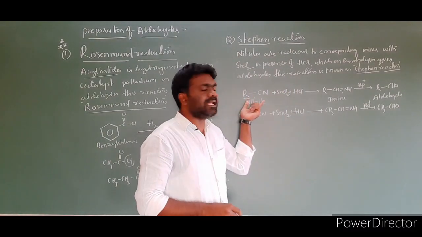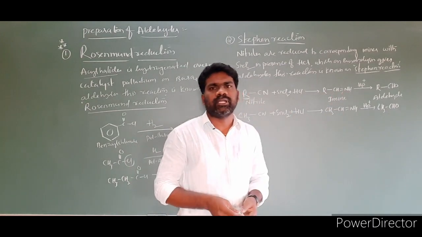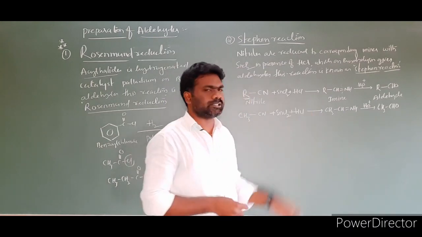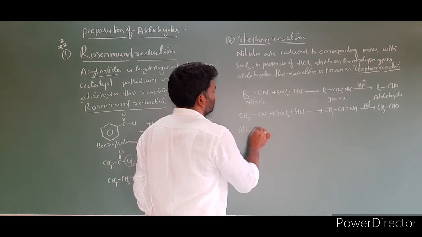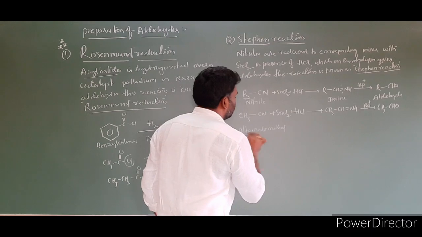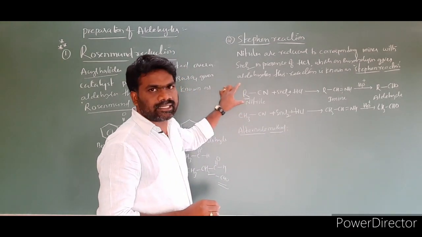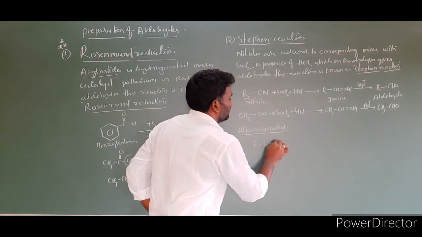Alternatively, these nitriles are reduced to imines by using diisobutyl aluminum hydride, which on hydrolysis gives aldehydes. This is the alternate method, and it is not a Stephen reaction. In the alternate method, the reactant is RCN, nitriles.